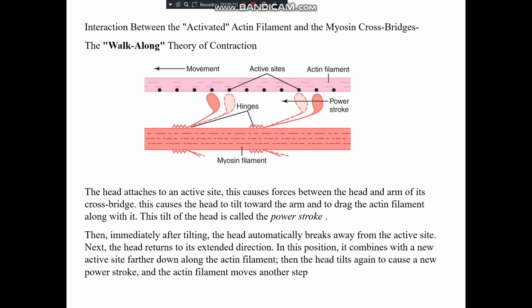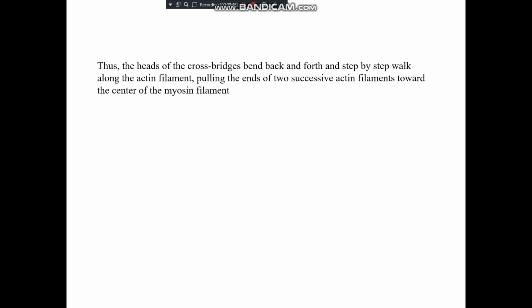It acts further down along the filament, and as a result the actin filament moves step by step. But all this process happens so swiftly, accurately, and fast that there is no gap or lag. So that is done simultaneously. The heads of the cross bridges bend back and forth, step by step, just like walking.